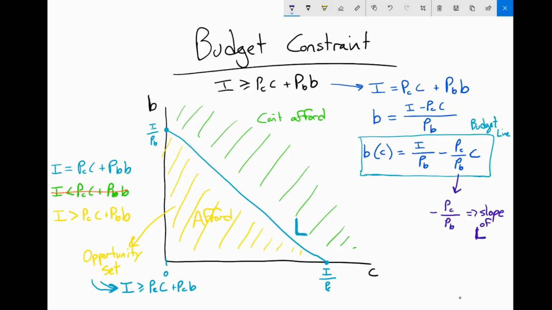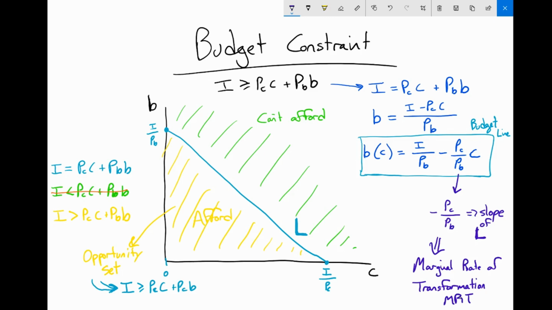Okay. This slope, the slope of the budget line, we call this the marginal rate of transformation, or the MRT. So this slope is the marginal rate of transformation. That is the ratio of the price of cups of coffee to the price of bagels.